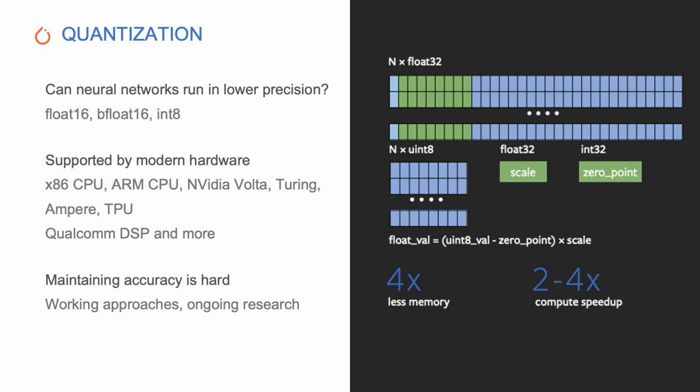The promise of quantization is, what if we approximated that? What if we got an approximate solution by multiplying an int8 value representing the weight tensor and an int8 value representing a value in the activation tensor to get the resulting output tensor, and that int8 value can be representative of the floating point value. You could have a linear transform between them. So you have a quantized int8 value, a zero point and a scale factor, and you can represent a floating point value.